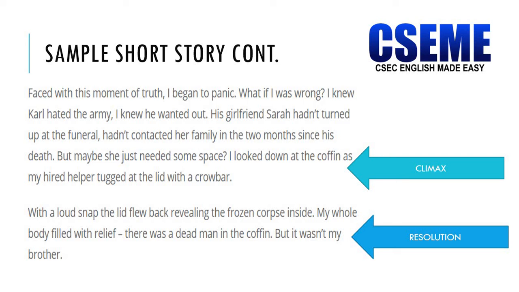And right here, the writer leaves us in some sort of suspense. The story ends by revealing that it is not the narrator's brother who is in the coffin. However, who is it? Where did the body come from?